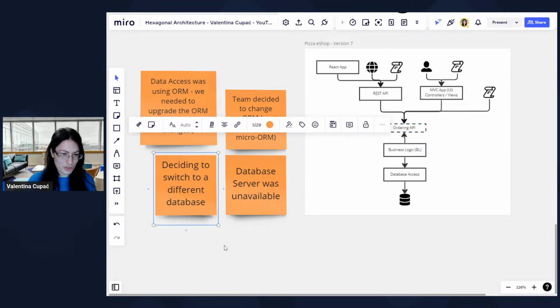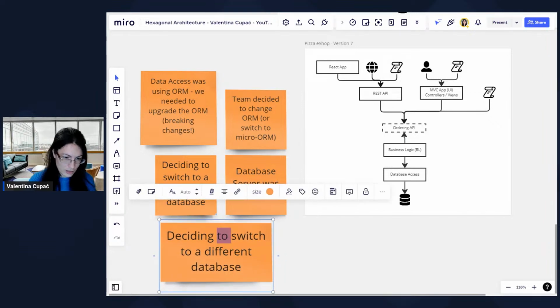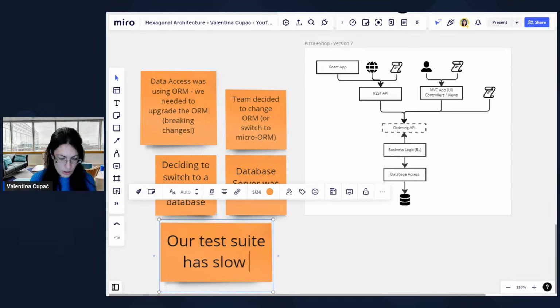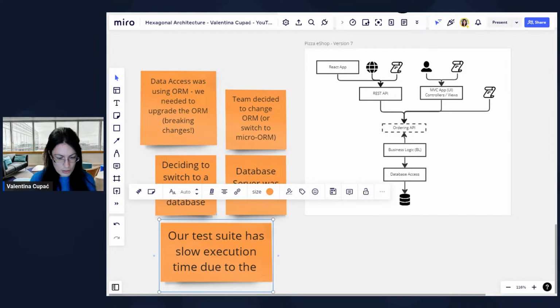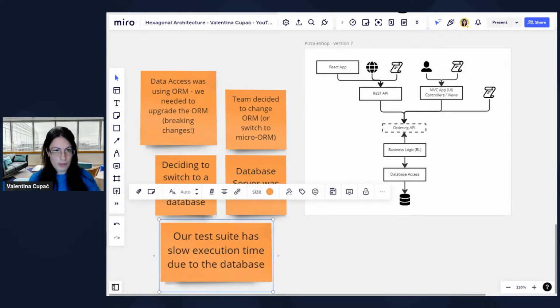Oh, and also on the topic of database tests, I do also want to mention that our test suite has slow execution time due to the database. Imagine if initially maybe we had 10 tests. Later we have 50 tests, 100 tests, thousands of tests because of all of our business logic scenarios.